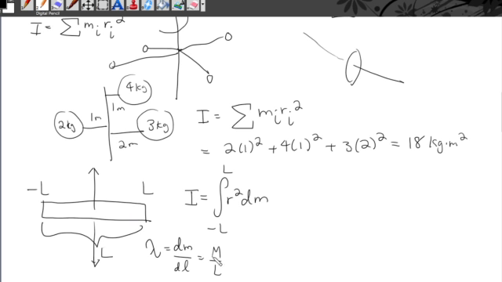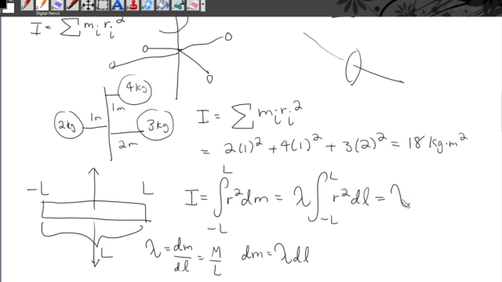then we can see that dm is just equal to lambda dl. So then we can rewrite this as lambda times the integral from negative L to L of r squared dl. Okay, and then since this is all in the x direction, we can actually change this a bit.